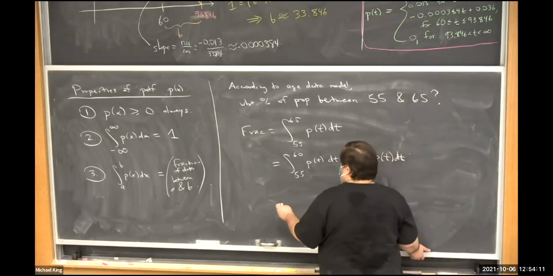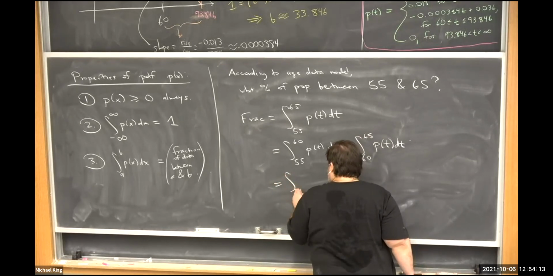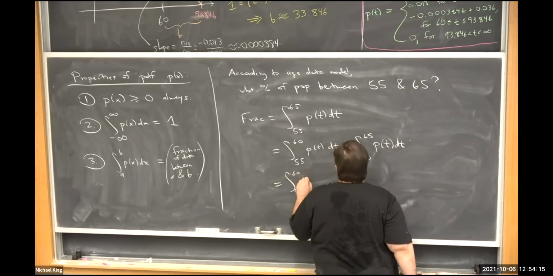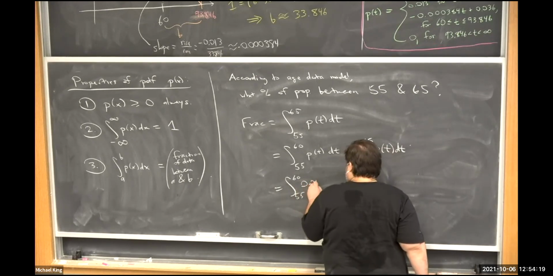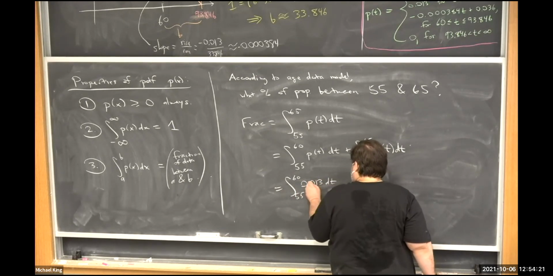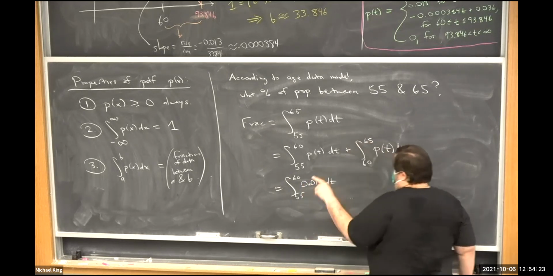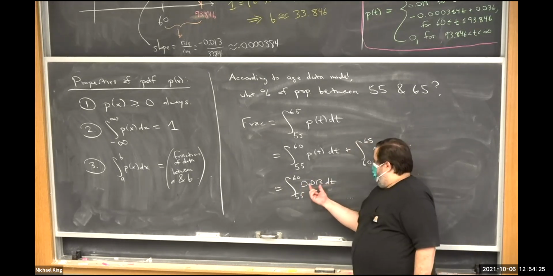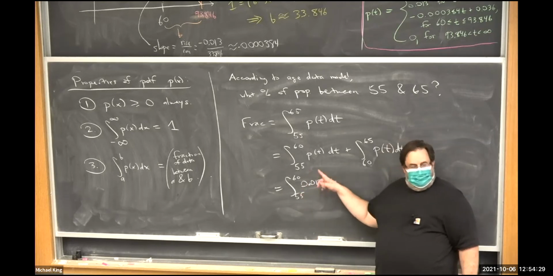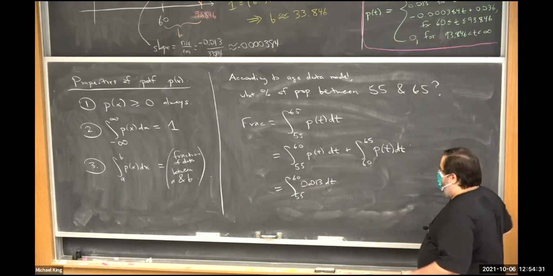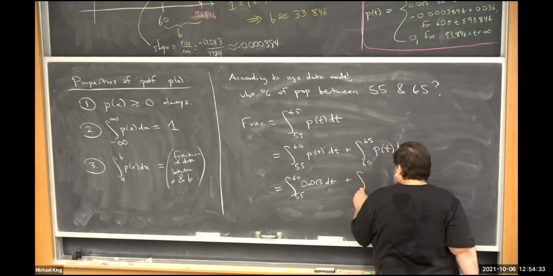Okay, so if we did that, we'd have 55 to 60 of just this constant, right? 0.013. This makes sense. It's horizontal here, so it's really just going to be this number times this difference. It's really kind of like the P of t times delta t thing, right? But then this one is going to be a little bit more unpleasant.